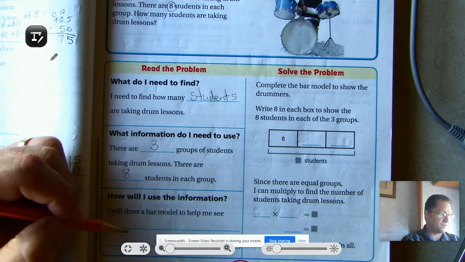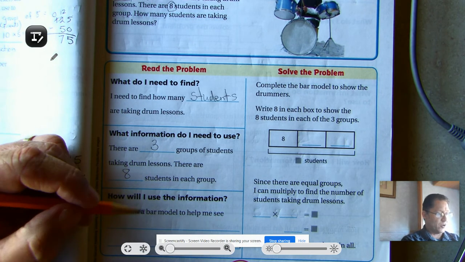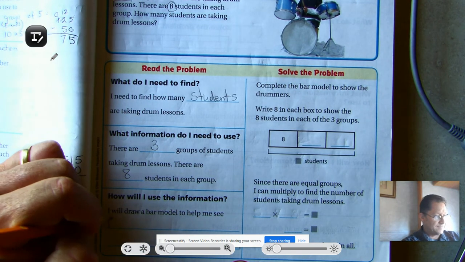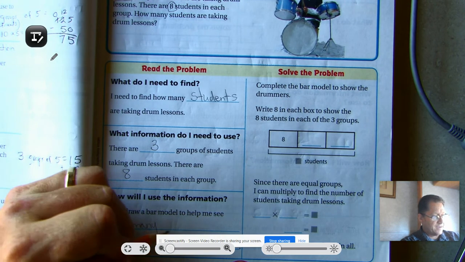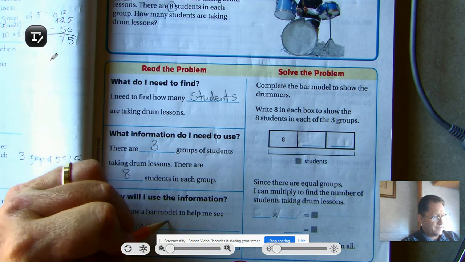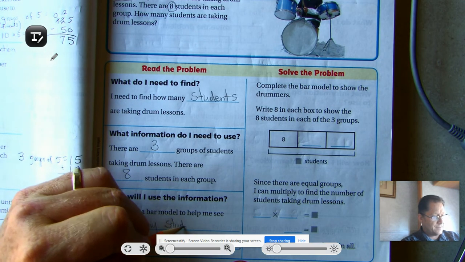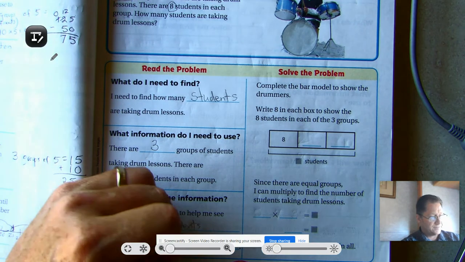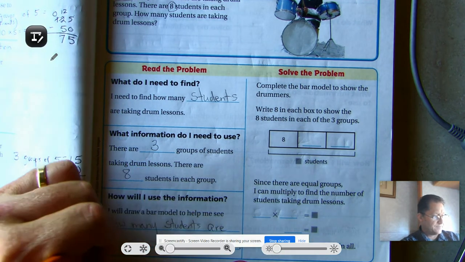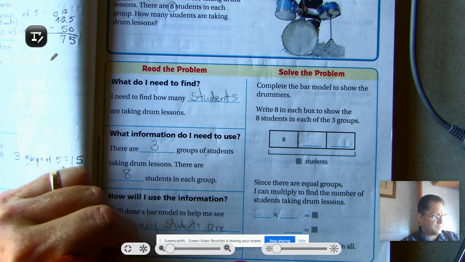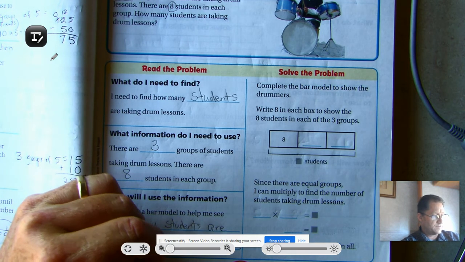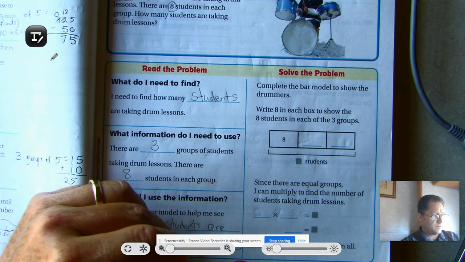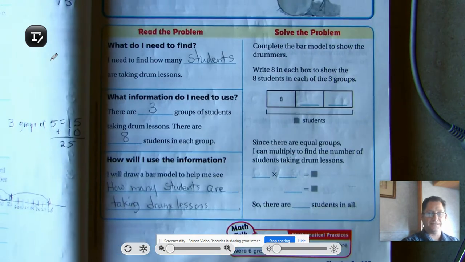I'll draw a bar model to help me see how many students are taking drum lessons.